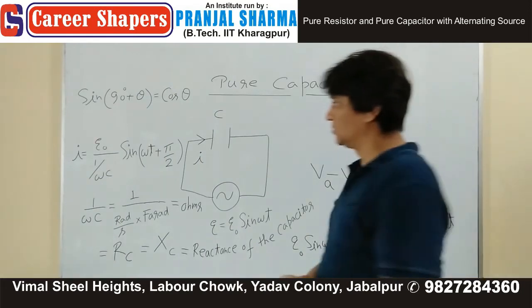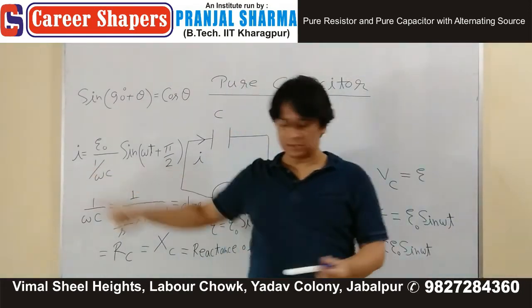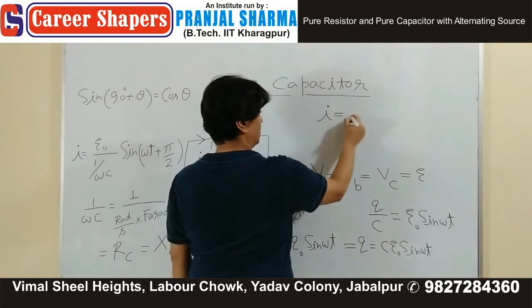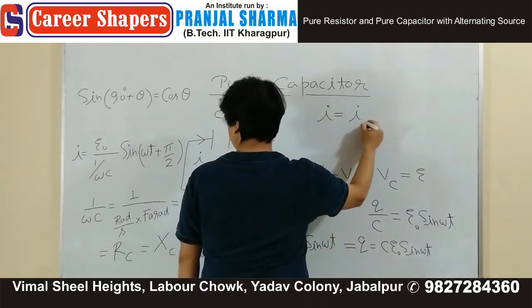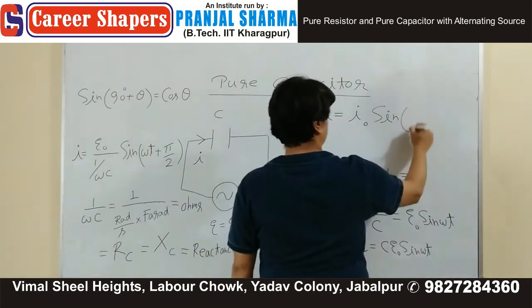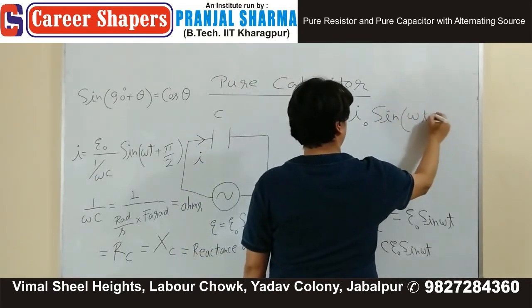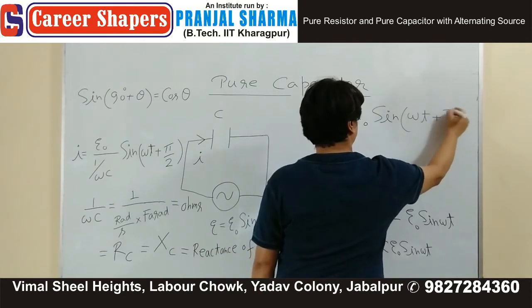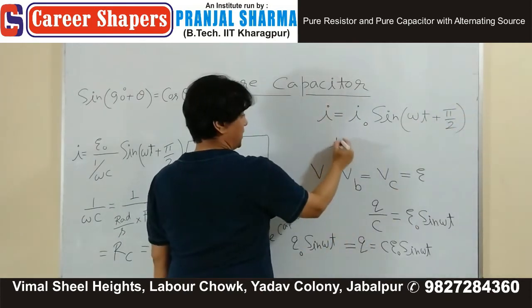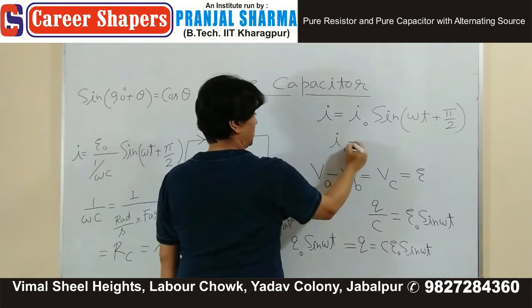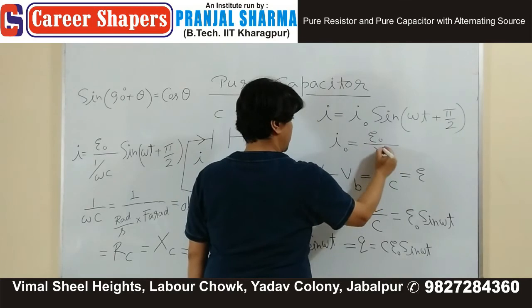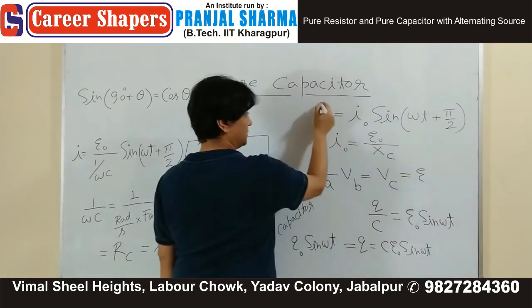Just first write down this I as I naught sine omega t plus pi by 2, where I naught is E naught divided by xc.